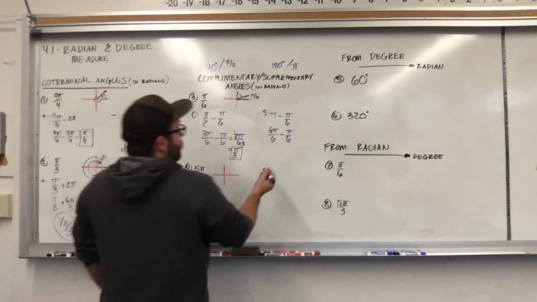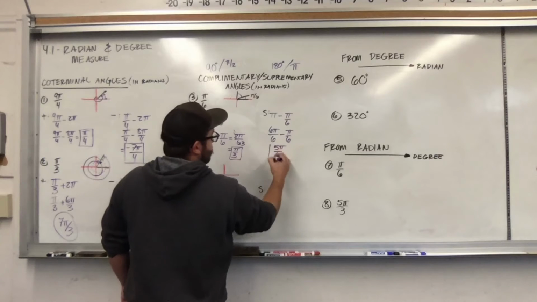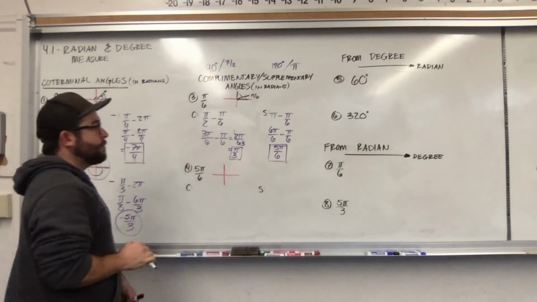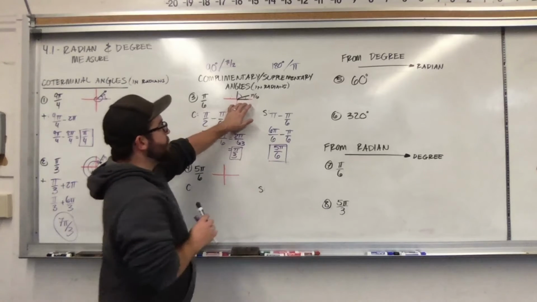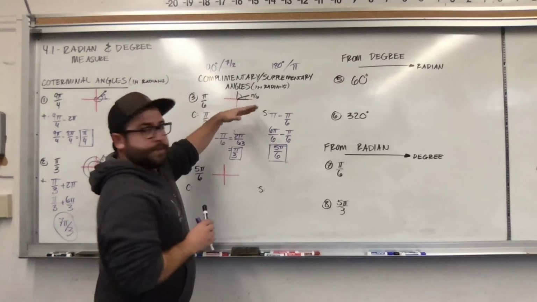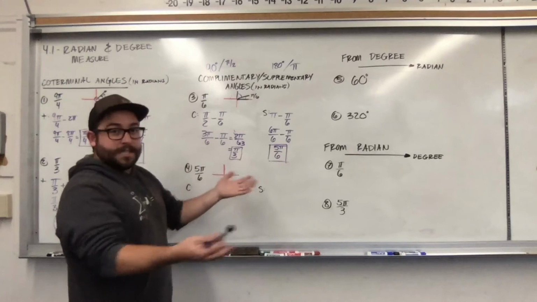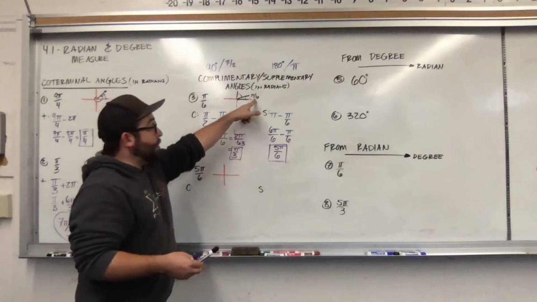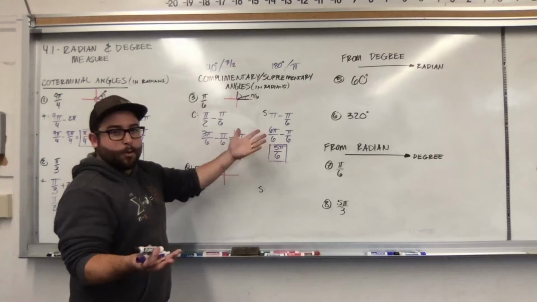And then from there, we have 6 minus 1, so we get 5 pi over 6. Which again, this one should have been a little easier just from the picture, kind of what we did before. If I have pi over 6, that means I took that top half circle, and I cut it into 6 pieces. Well, if I have one of those 6, how many more to make that whole piece? I need 5 more.